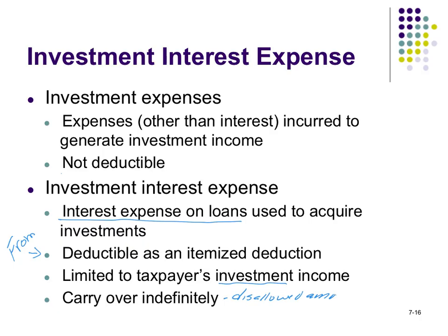Disallowed amounts from the current year are carried forward indefinitely until you have income to offset them. All right, so that is the end of part one. Look for part two as well.